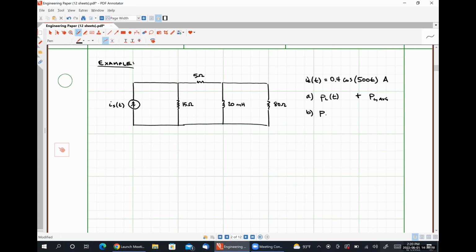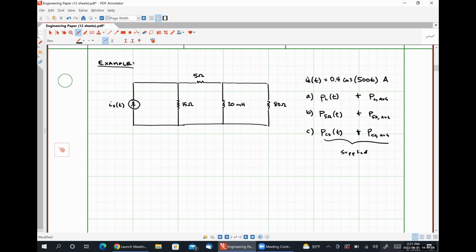The instantaneous power absorbed by the 5 ohm resistor, and the average power absorbed by the 5 ohm resistor, and then the instantaneous power supplied by our current source and the average power supplied by our current source. And I'm going to denote this specifically as supply.